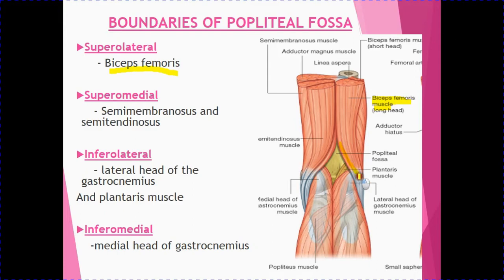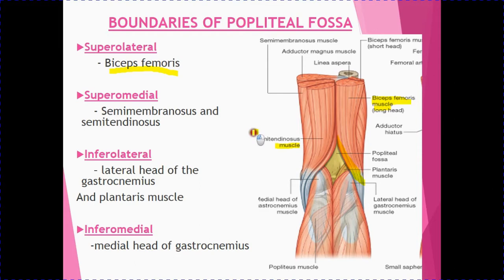The superolateral boundary is formed by the biceps femoris muscle. The superomedial boundary is formed by the semimembranosus and the semitendinosus muscle.